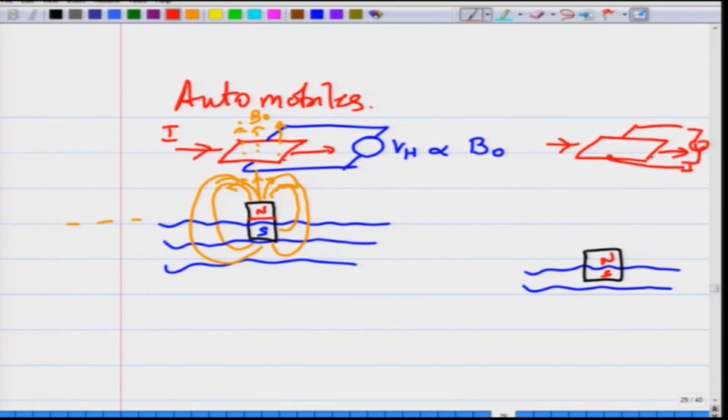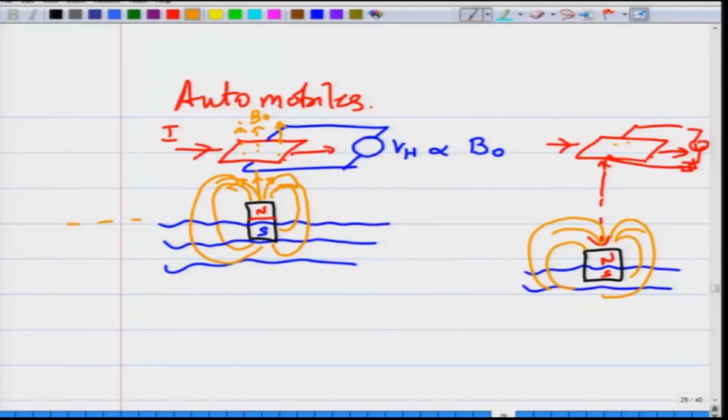You are measuring your transverse voltage, this is your current I, but now the distance to the Hall sensor has increased, and the magnetic fields coming out are much weaker at this point. So, B naught becomes less, and the Hall voltage becomes less.